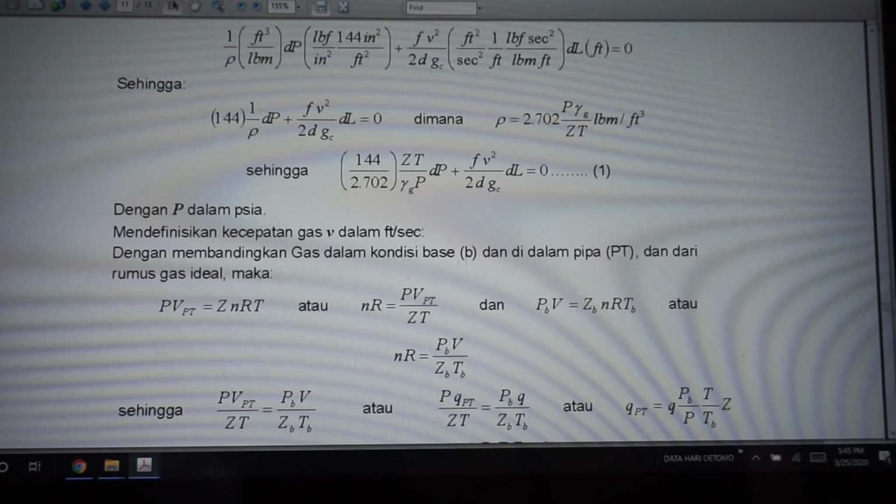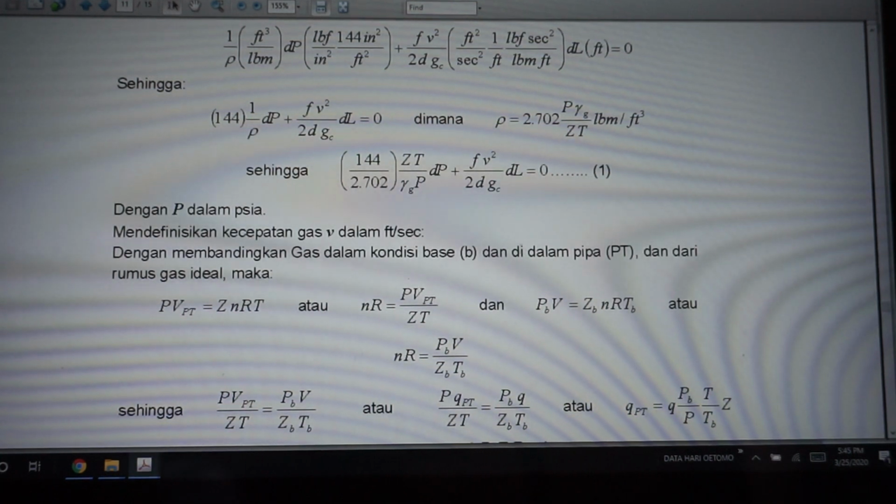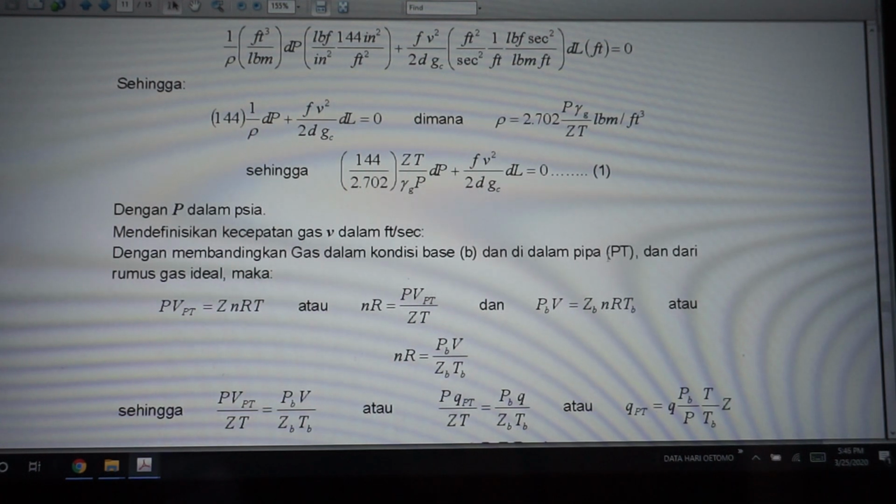So let's say that we want V in feet per second. So we have a base condition. The base condition is the standard condition, and the condition pressure and temperature P, T, from the ideal gas law, V in the pipe, V at P, T, Z and RT, and then NR becomes this way.